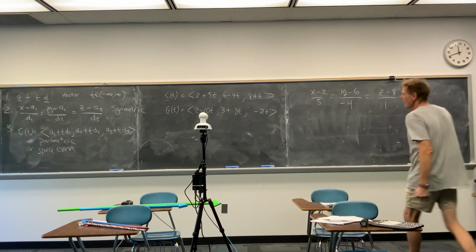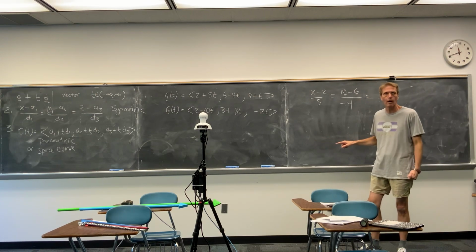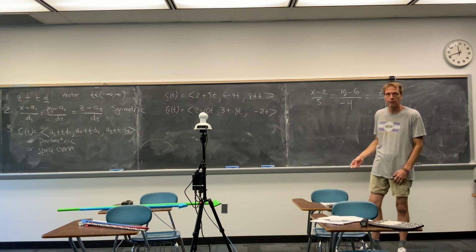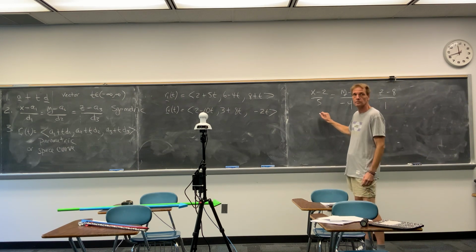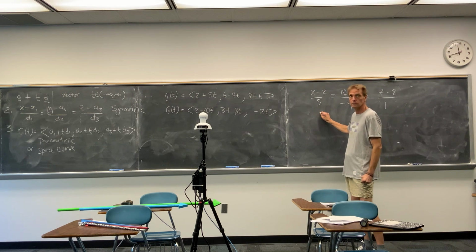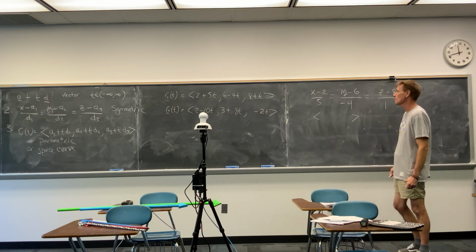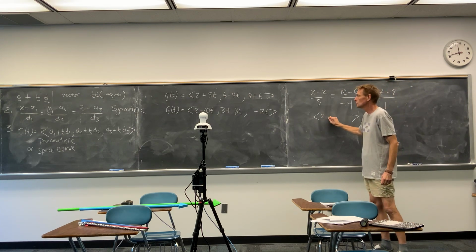Okay, what is the A plus tD form of the second line? What's the vector A? 2, 6, 8.